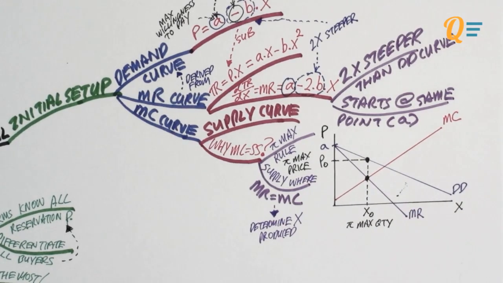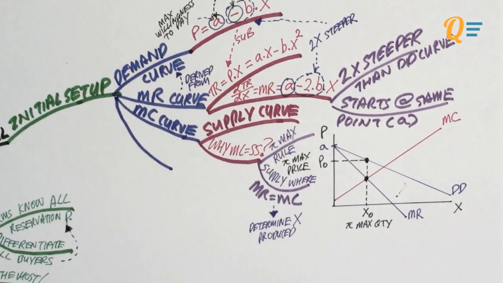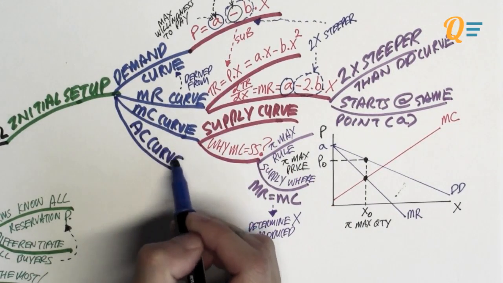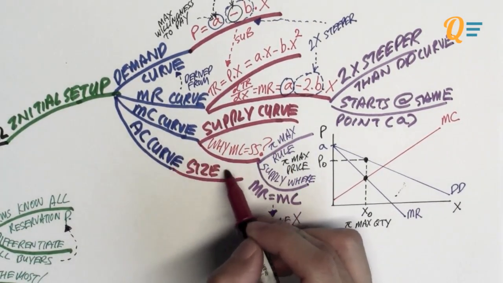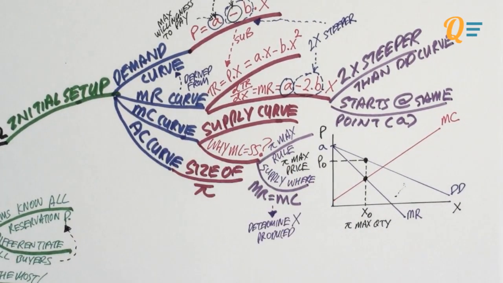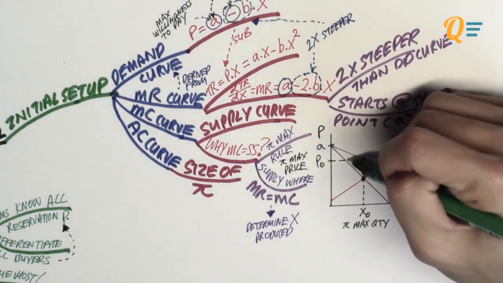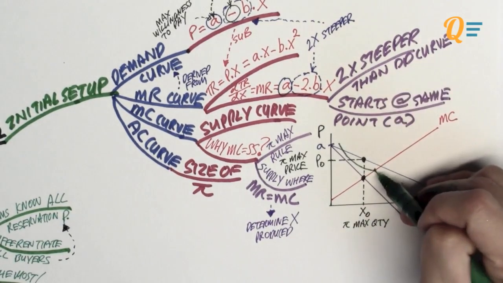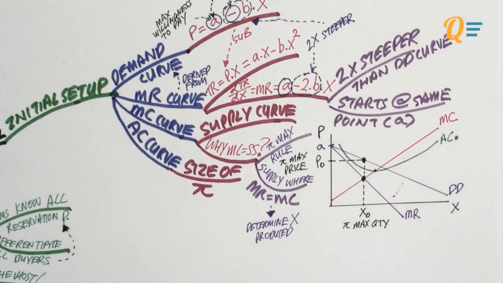And you are sometimes going to need your average cost curve. The purpose of having the average cost curve is to simply find out the size of the profits the monopoly is making. Let's say we have an AC curve that looks like this. We need to find out the average cost of producing X naught amount of goods.